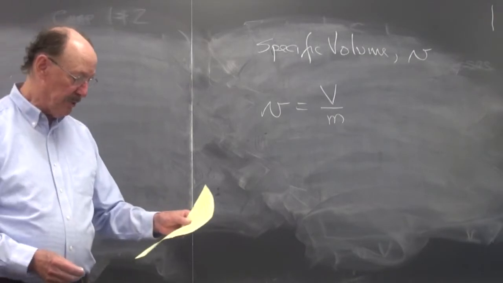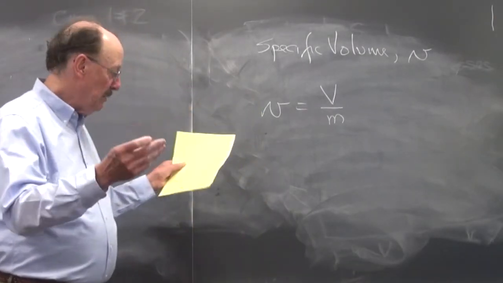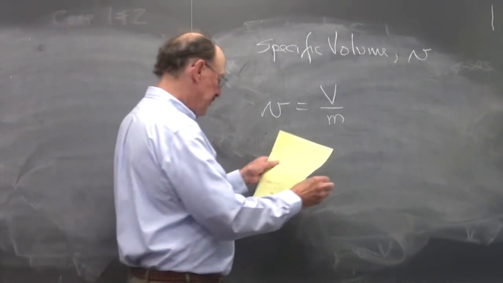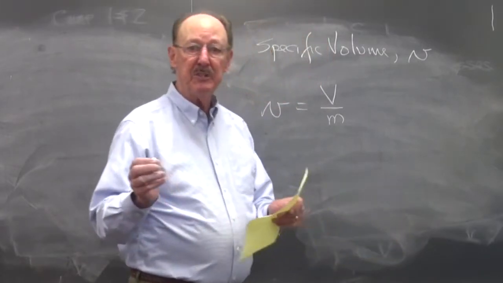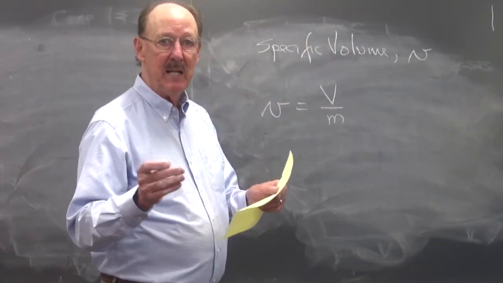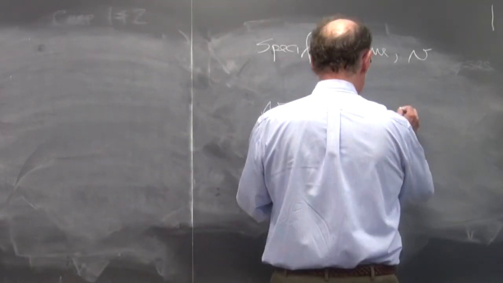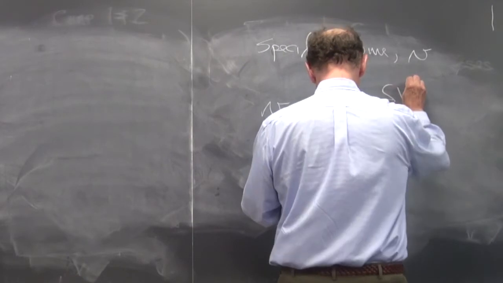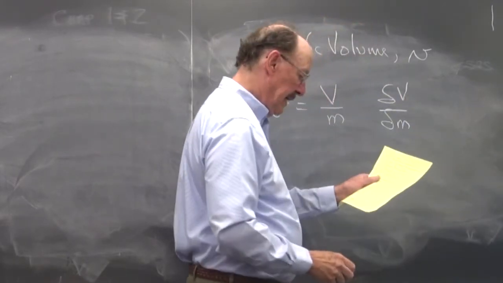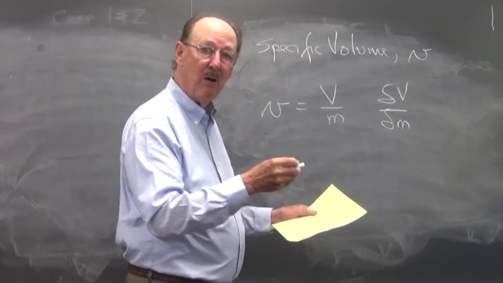So now what we want to do is, we have this in a large case, but how small can we go? In the text you'll see that there's a development for the limits of macroscopic thermodynamics, and it relates to volume. So we're going to have del V over del M. And this establishes the size of thermodynamics, how large it is.